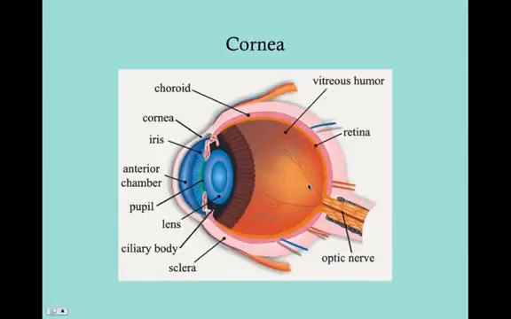As a matter of fact, LASIK surgery primarily alters the shape of the cornea to improve the focus of the image. So that's the surgery that you get to correct abnormally shaped lenses. You're not necessarily changing the shape of the lens, you're changing the shape of the cornea to compensate.